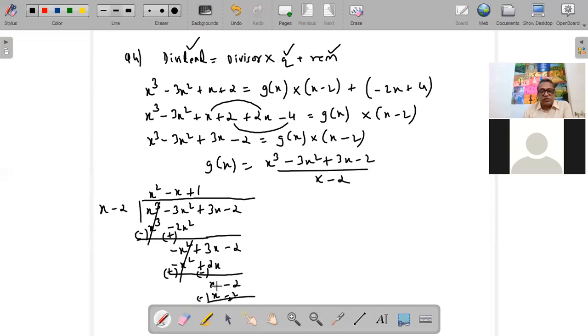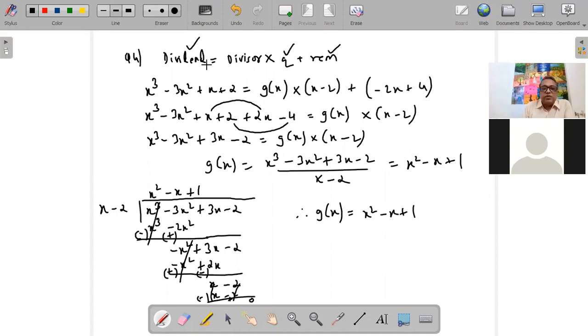Subtracting, the signs change, everything cancels and the remainder is 0. So it is perfectly divisible, and the quotient is x square minus x plus 1. Therefore, the divisor that was unknown is x square minus x plus 1.